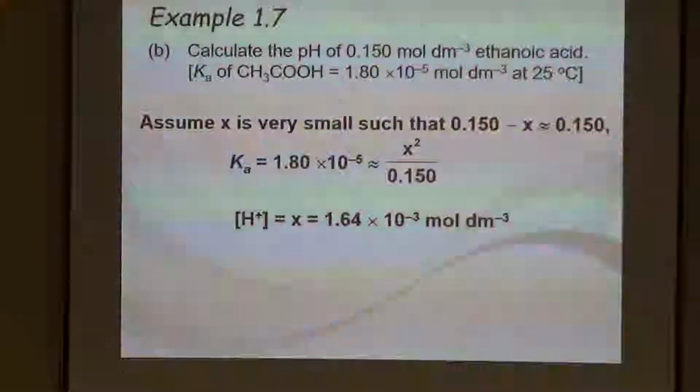Then you can solve it, and you get the H plus, which is equal to X, is 1.64 times 10 to the power minus 3. Is it a valid assumption that X is much smaller? Yes, because it's 100 times smaller, two orders of magnitude smaller. So it's fine.